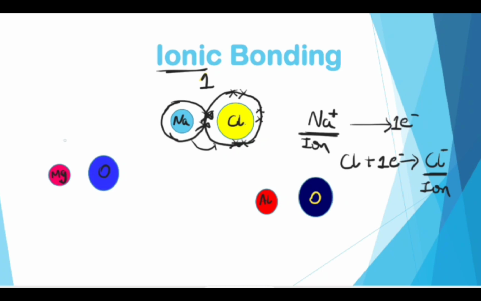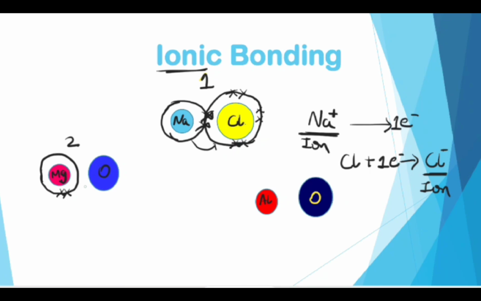Okay, let's look at this one. Magnesium and oxygen. What happens here? Magnesium, number of electrons 12, so the outermost shell has 2 electrons. Oxygen, atomic number 8.